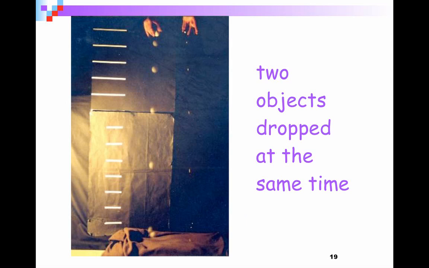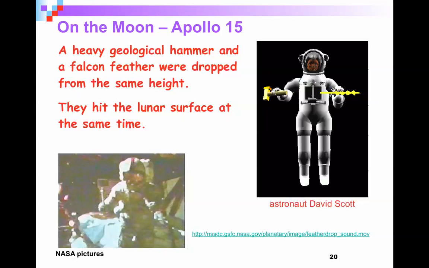There's a video called The Hammer and the Feather. It's in the links of the description, and it goes with this slide. So the question is, if the astronaut were to drop those 2 objects, what is going to happen to the hammer and the feather? So that's one of those questions.